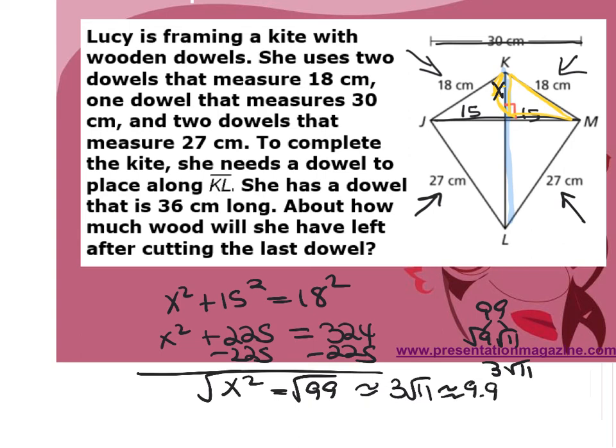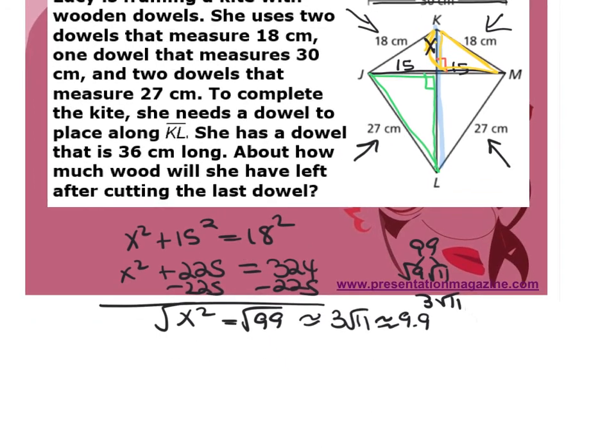Now, I need to find the whole KL. Again, notice I've made 4 right triangles, so now I could do the same thing over here. So I could do 15 squared plus y squared equals 27 squared.